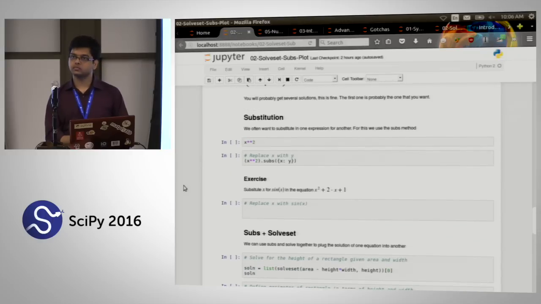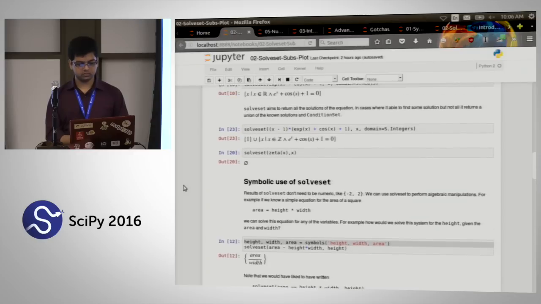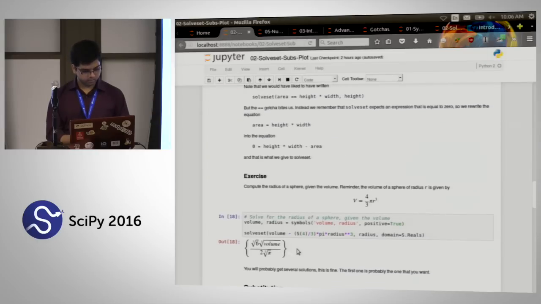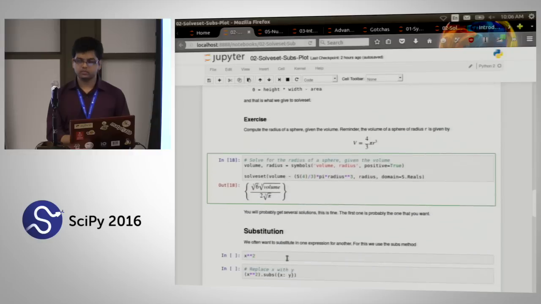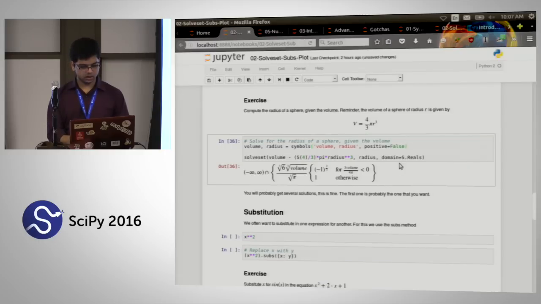Can you go to this exercise where we need to solve that for ages? Yeah, this one. Can you remove or set positive equal to false? Now, let's get one of the solutions. How would I do that?